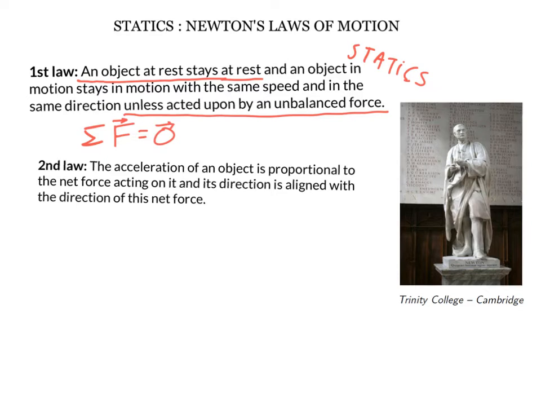What it says is that the force acting on an object, so the net force, the sum of all forces acting on the object, has the same orientation as the acceleration on the object. And it is proportional to the mass, so it's mass times acceleration, and acceleration is also a vector, which means that the direction of the sum of forces will have the same direction as the acceleration.